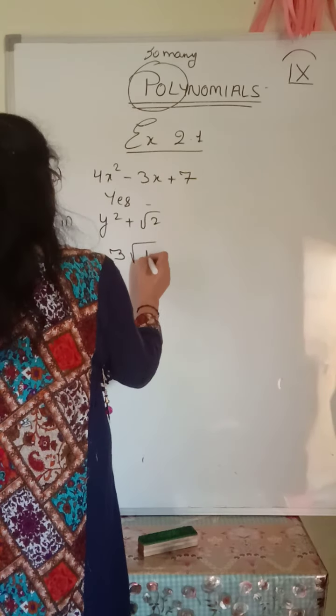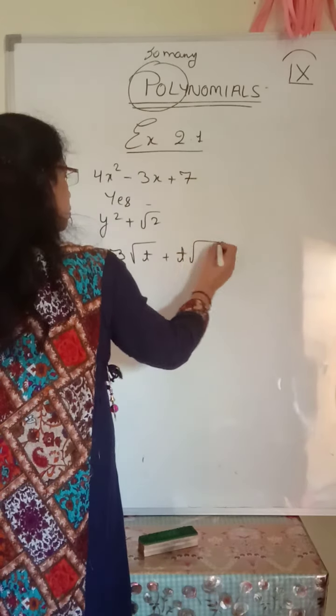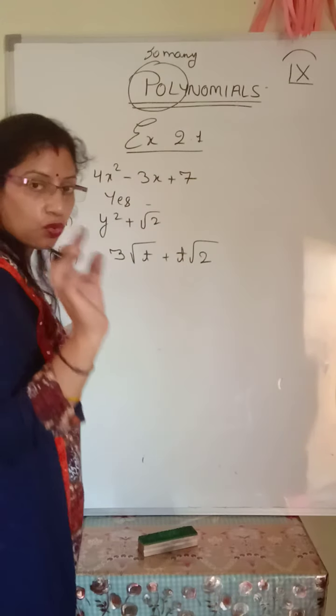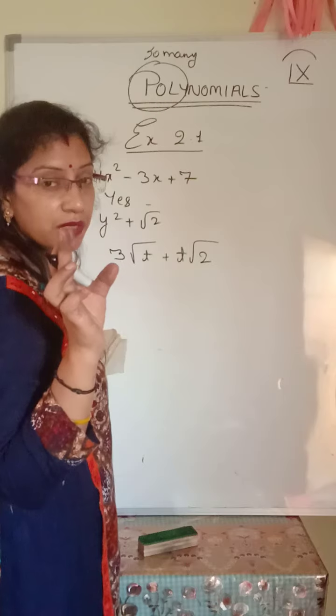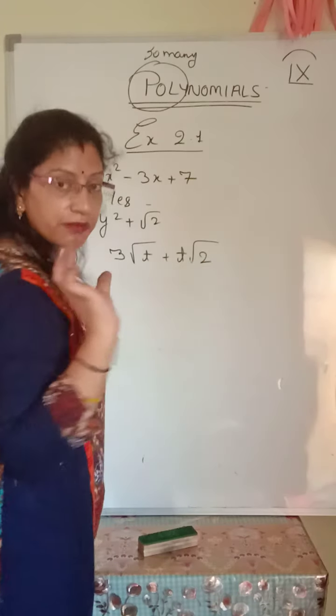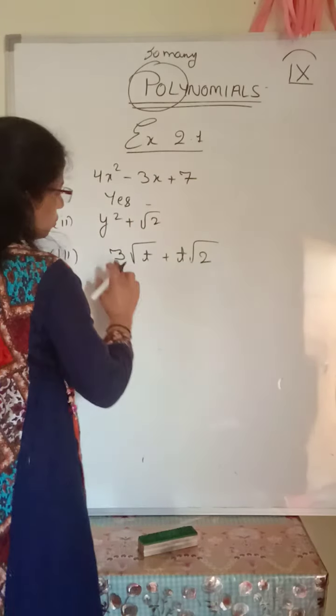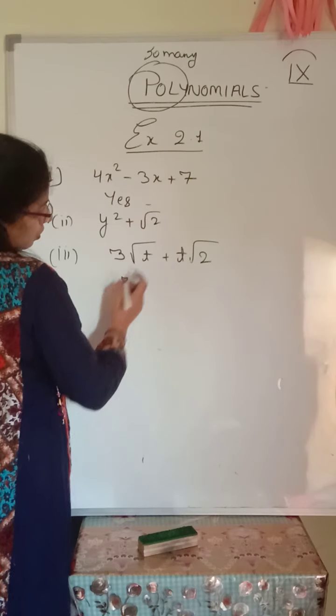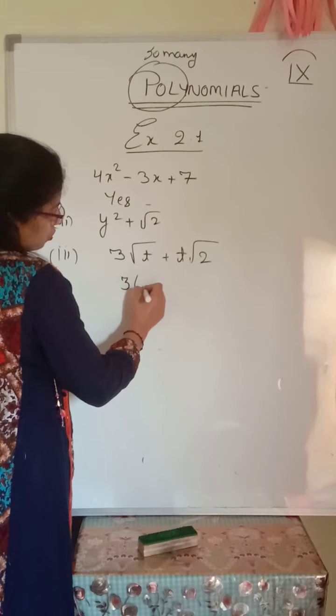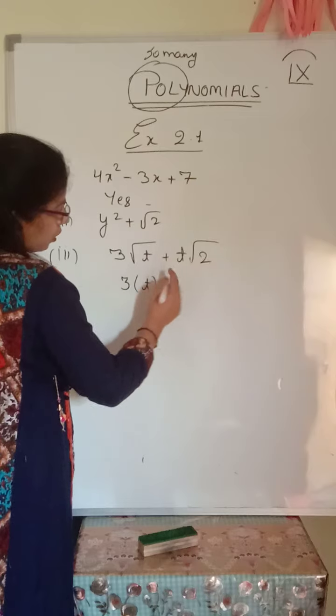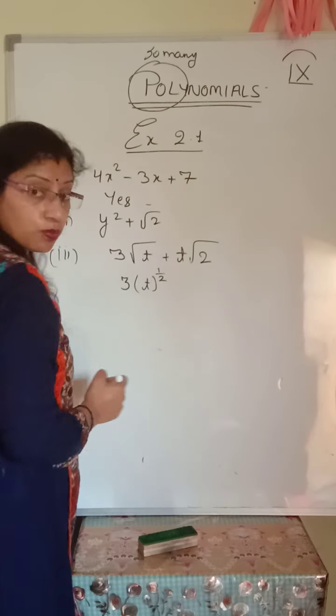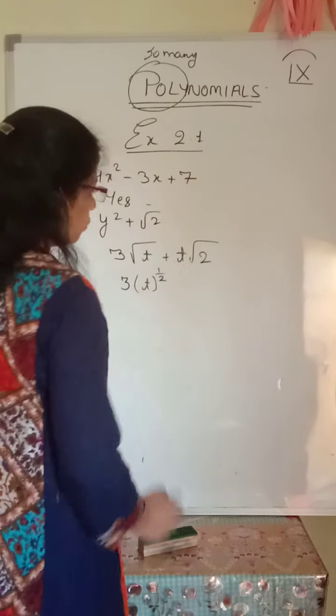Let us see the third part. 3 root t plus t root 2. So we have to see only the variable. The constant term doesn't matter. It can be any. So 3 into root t, root if I erase, so t raised to the power 1 upon 2.